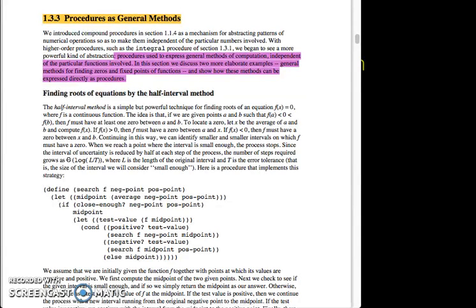Define the procedure search that takes inputs f, the negative point, and the positive point. Let the value midpoint be the expression average applied to neg point and pos point. If close enough applied to the neg point and pos point returns true, return the midpoint. Let the test value be the expression f applied to midpoint.